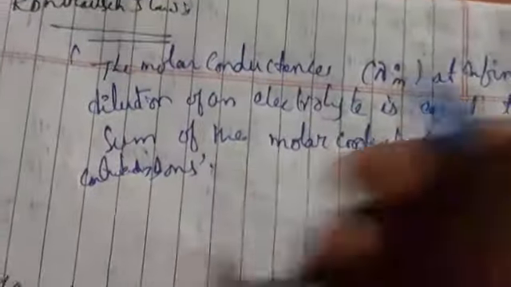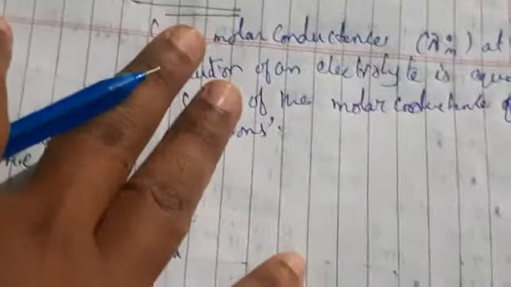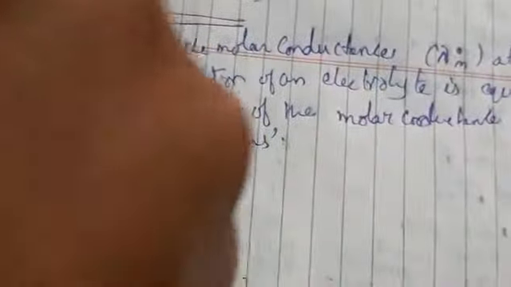This is known as Kohlrausch law. Mainly the weak electrolytes are explained by Kohlrausch law. For strong electrolytes we can explain normally. Why? Because it gives zero concentration, and the ions present will be completely ionized. Because of this reason we can easily determine it for strong electrolytes.